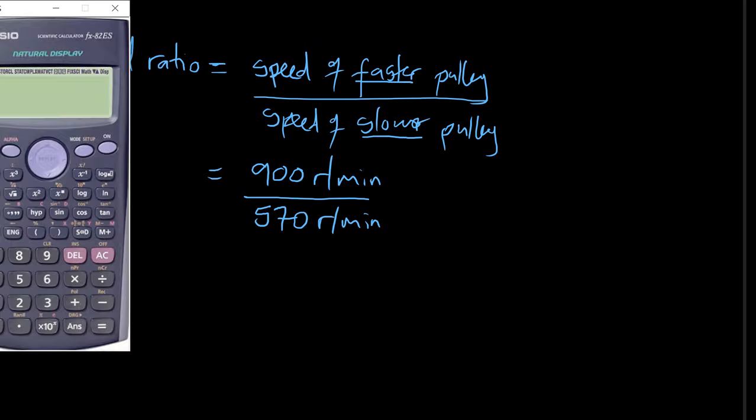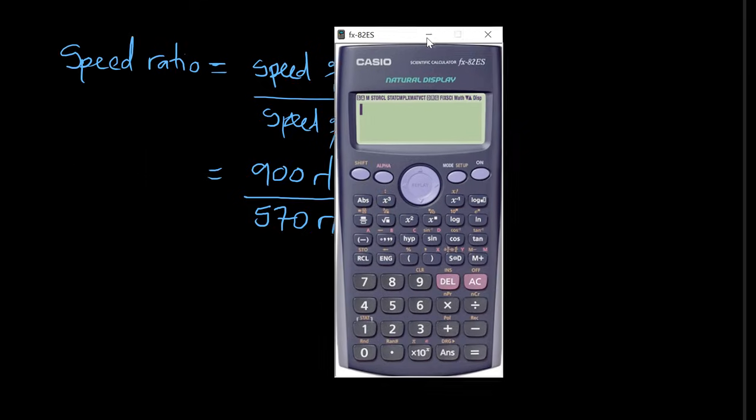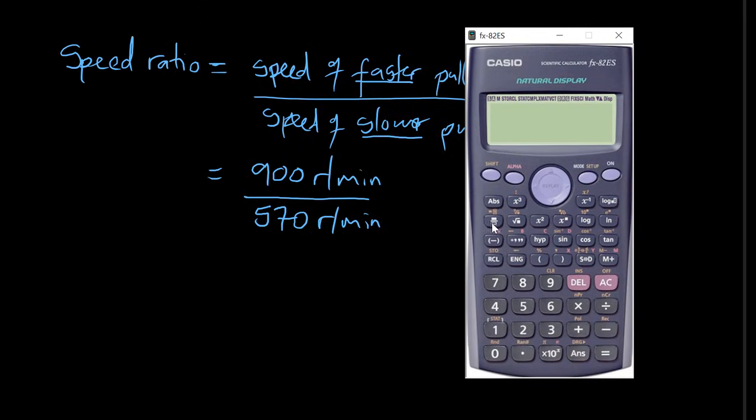Now, if I take my calculator so that I can calculate the speed ratio, as I said, it is 900, and then you're going to divide that by 570, and the answer that we are getting, remember, you must round off your answers to 3 decimal places. If you don't know how to do it, you can actually set your scientific calculator to 3 decimal places.